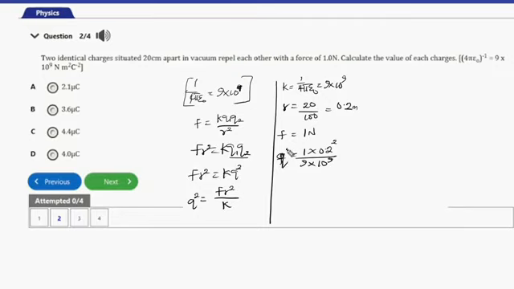Let's go ahead and calculate this. When you do this, you have 4.44 times 10 to the power of negative 12.